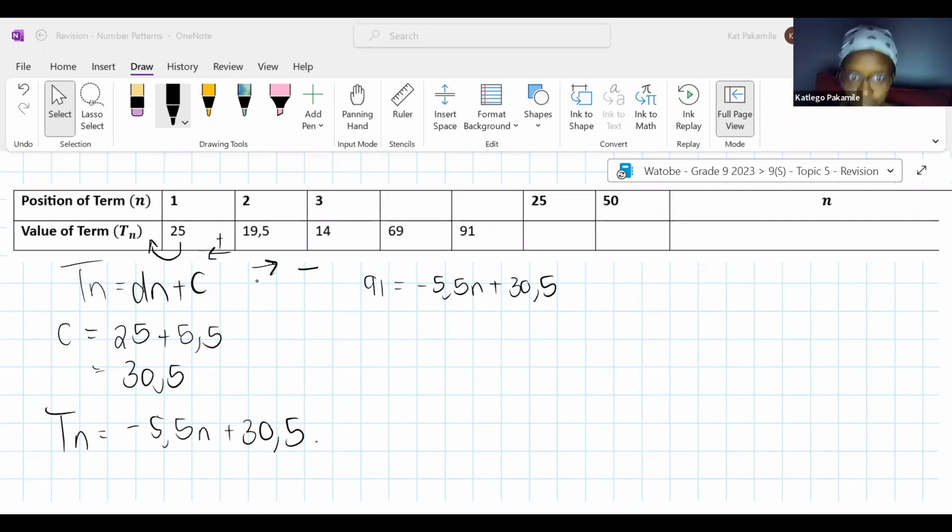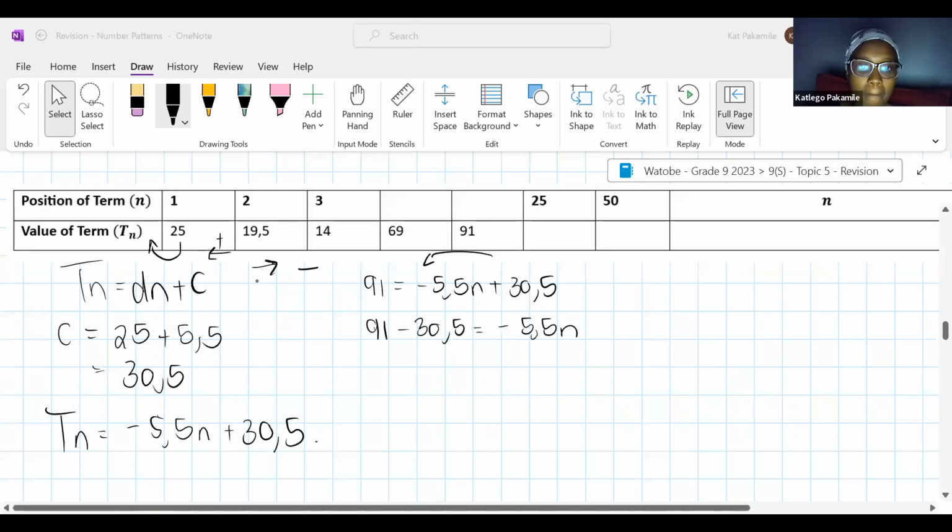So then I wrote 91 minus 30,5 equals negative 5,5n. Okay. Then I divided. Subtract first. What's 91 minus 30,5? It's 60,5.